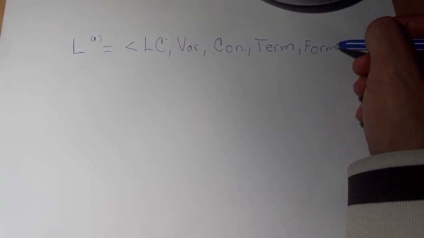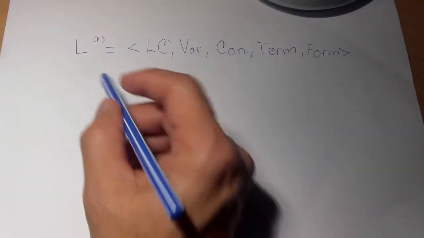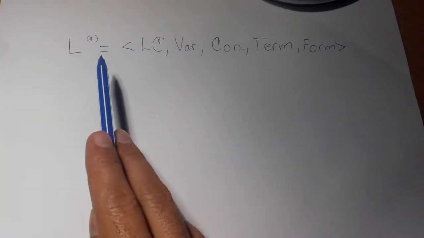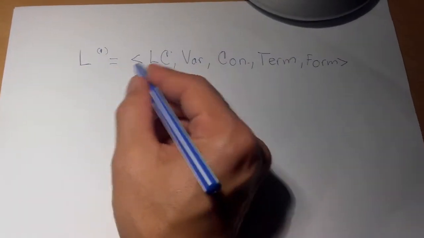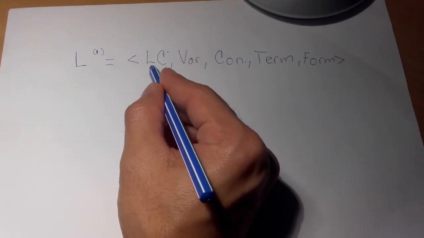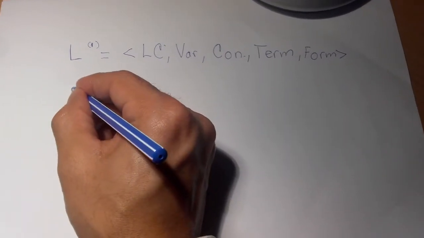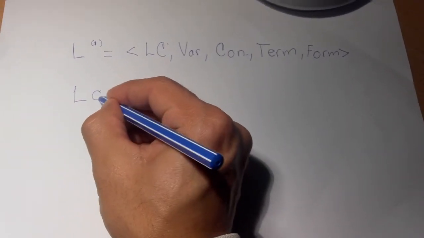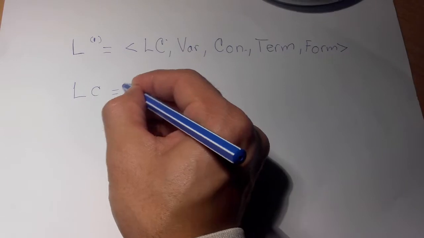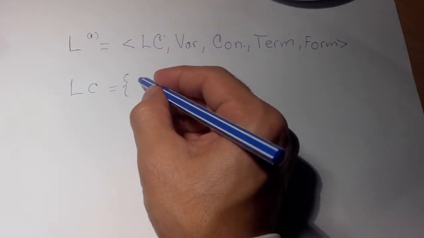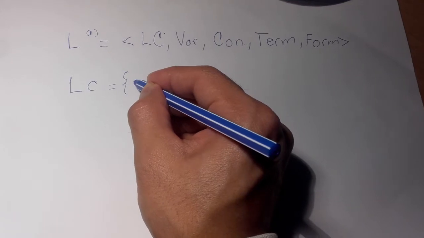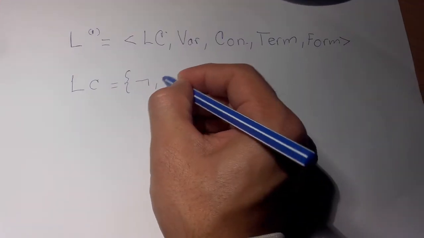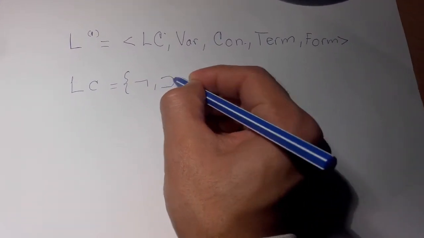It's really important to note that there are differences between zero order logic and first order logic. An example, the difference is here. In the logical constants, we have one set with the classical ones of zero order and the new ones for first order, which are the negation, the implication.